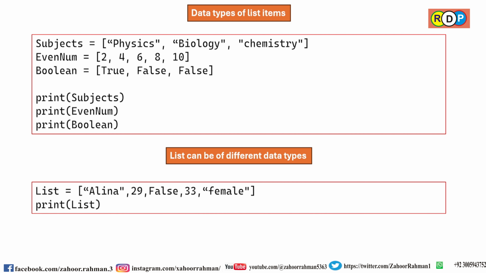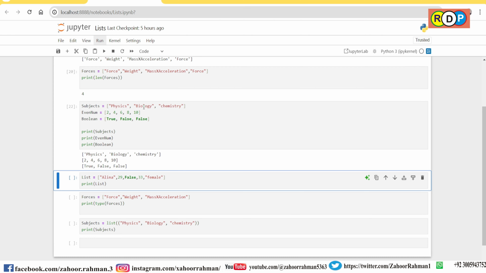Here, if I am saying list, the first one is string, the second element 29 is integer, the third element is false, again 33 is an integer, again female is a string. So if I am printing the list, it will print whatever is entered in the list. So different data types are entered inside it.